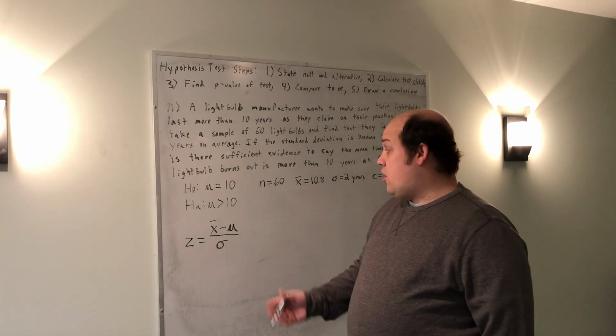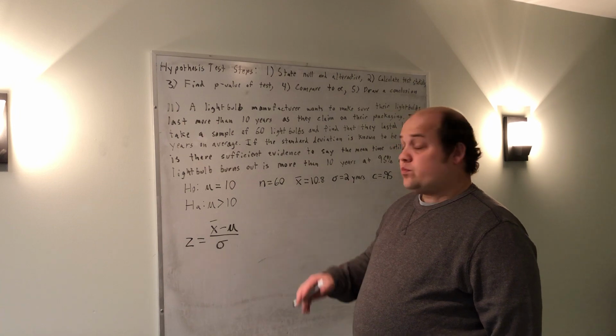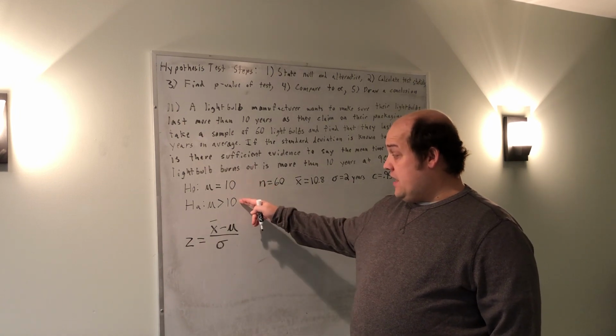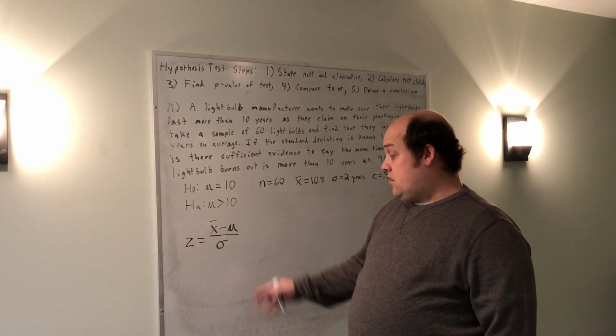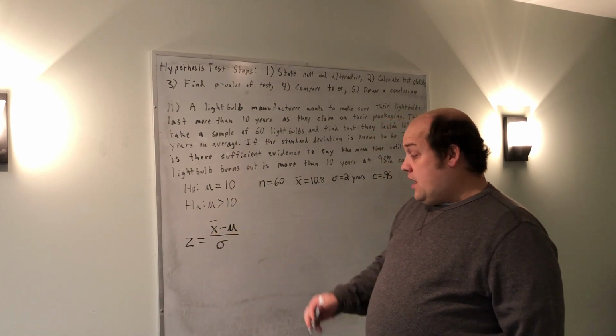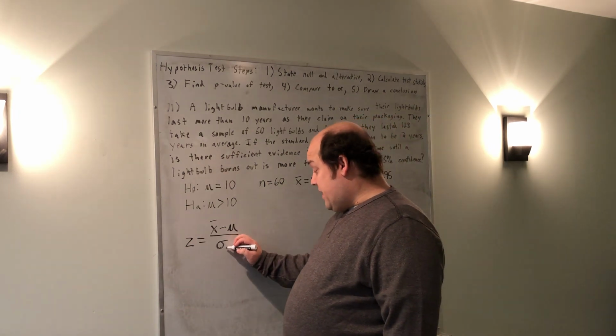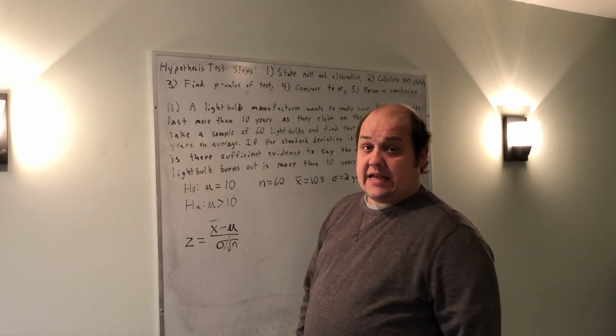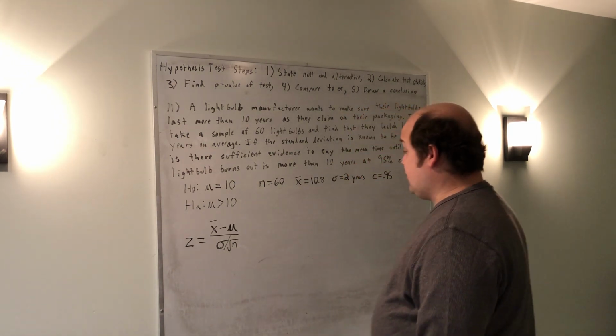So basically our goal here is to say, what's the probability, if this really was the mean 10, that we would get this x bar from our sample? And really this sigma is sigma sub x bar, or in other words, I should be dividing it by the root of n in this case. Sorry that I forgot that initially.